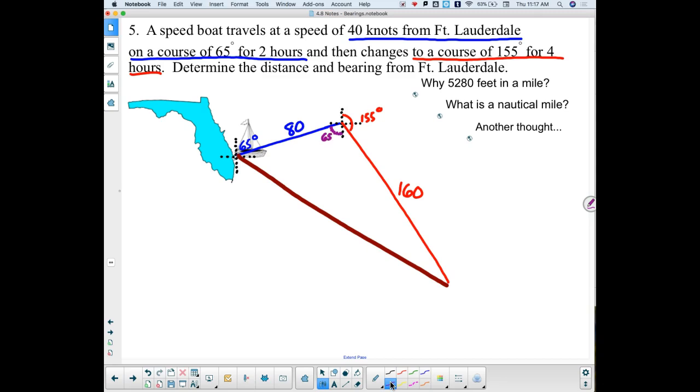What is this purple angle? 25. So altogether, what is this angle there?